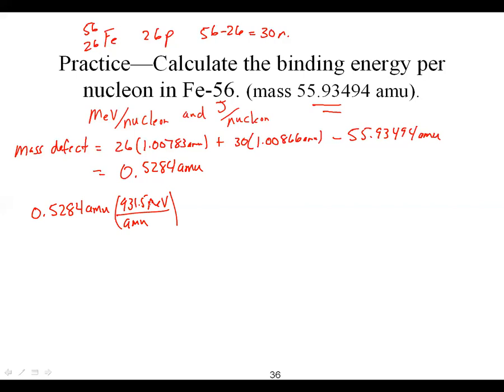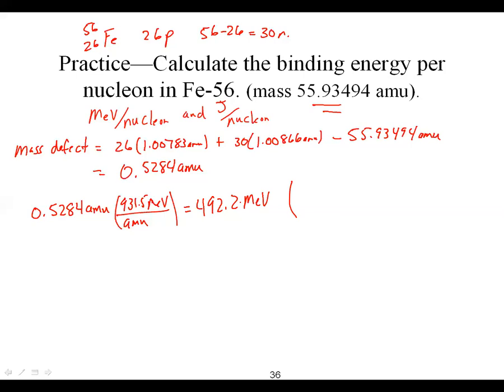And that will get us 492.2 mega electron volts.